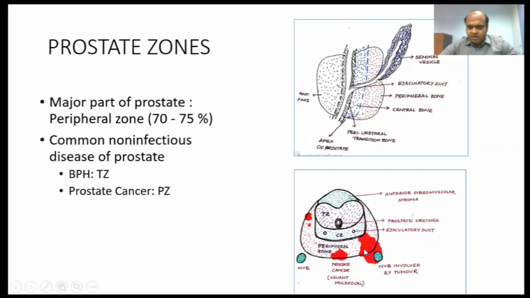Even the cancer can extend beyond the prostatic capsule and may involve the neurovascular bundle which remains on the posterior inferior aspect of the prostate.